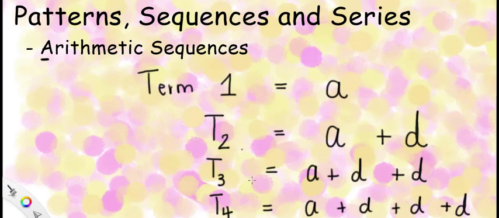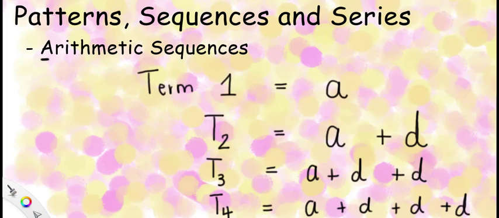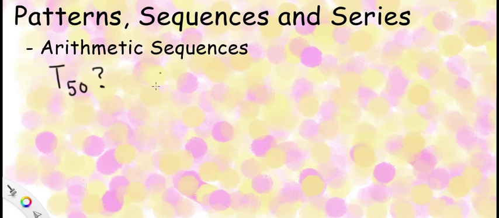Would you keep adding d's forever, or is there a simpler way to find term 50 of this arithmetic sequence? There is a simpler way, and it's what we call the general term of the arithmetic sequence.